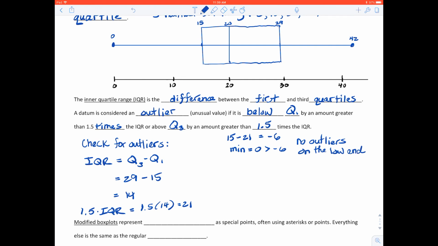And then on the other end, the third quartile value was 29, and we're going to add that value of 21 because we want to see if on the higher end, we have an outlier. That is 50. Well, our max value was 42, which is less than 50, so no outliers on the high end.